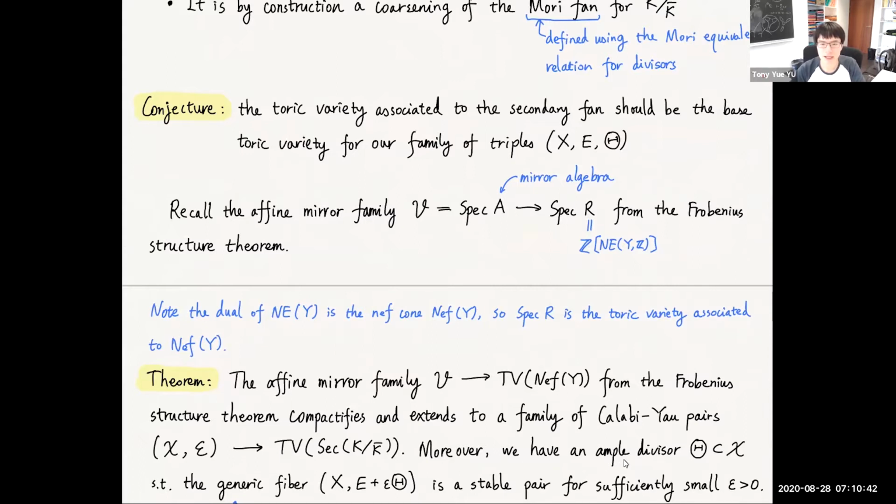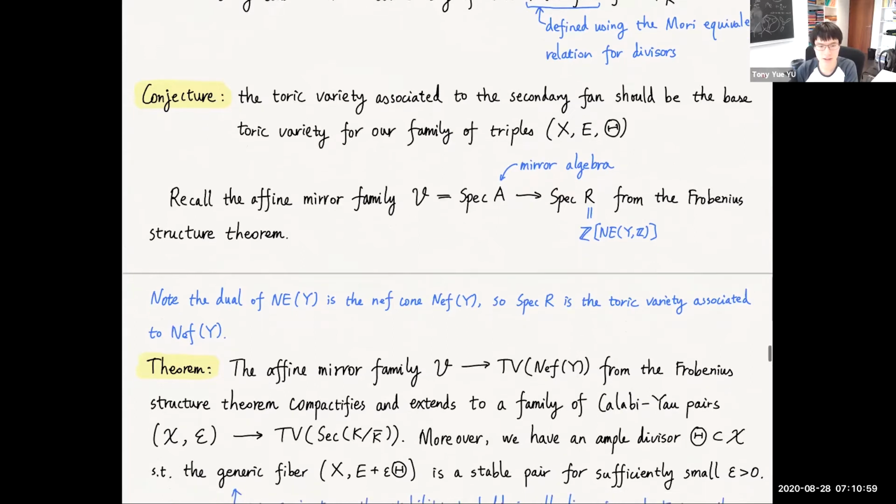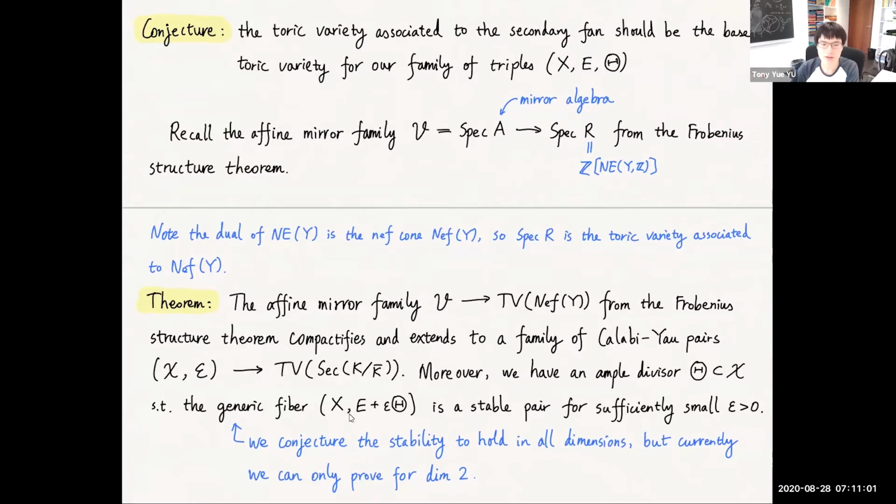Moreover, we have an ample divisor theta in X, such that the generic fiber (X, E plus a sufficiently small multiple of theta) is a stable pair. So first, the theorem says that our affine family compactifies and extends, and furthermore, the theorem gives us some control on the singularity of the mirror family.